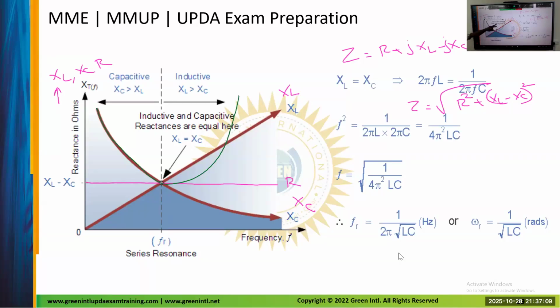The green color refers to frequency versus Z. From this we understand that as the frequency increases, the Z value is decreasing.